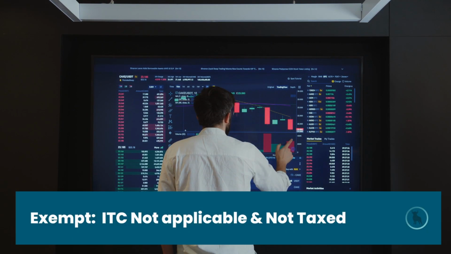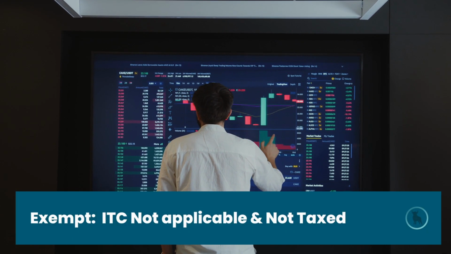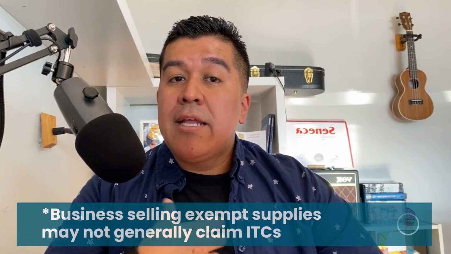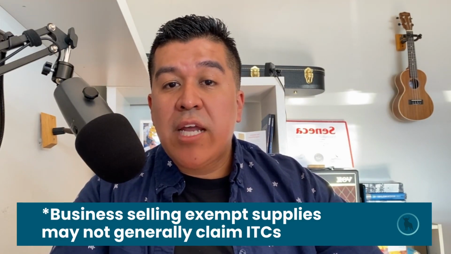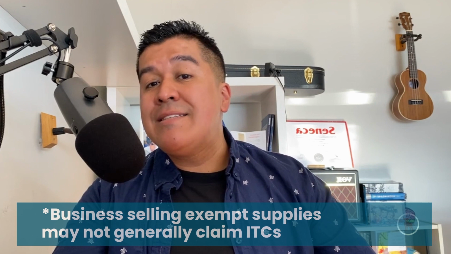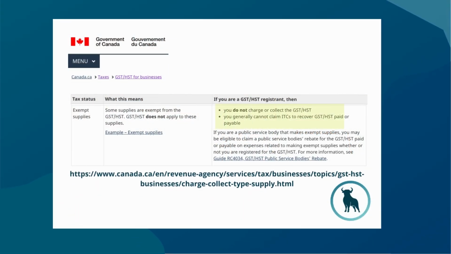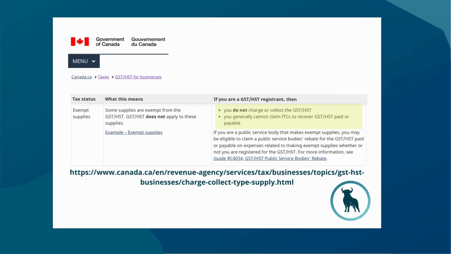On the other hand, exempt supplies are goods and services that are not subject to tax at all, and they are fully exempt from GST and HST. It means that no tax is charged or collected, and as a result, businesses cannot claim input tax credits, which we're going to talk about later, for expenses related to exempt supplies.